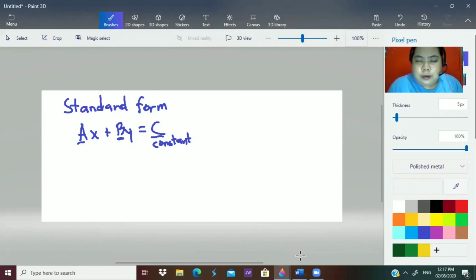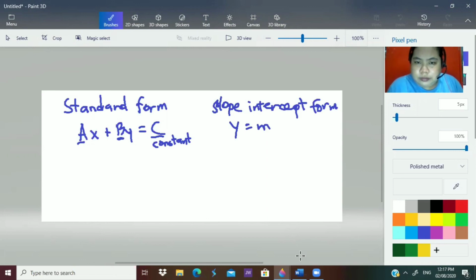And we also have slope intercept form. So, slope intercept form would be in the form y equals mx plus b, where m is the slope and b is the y-intercept.